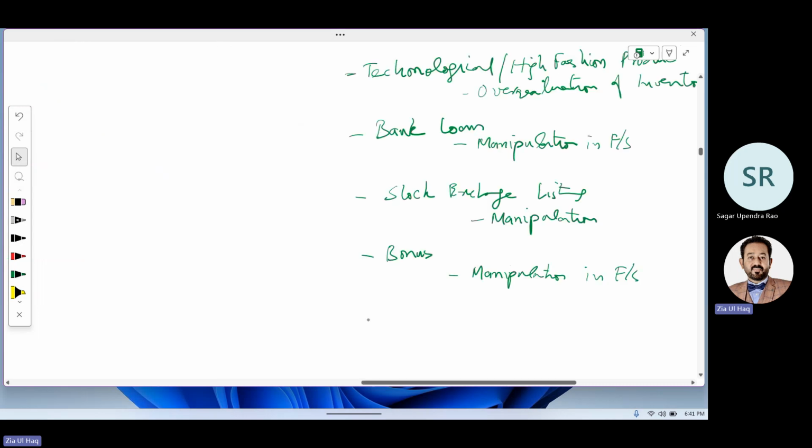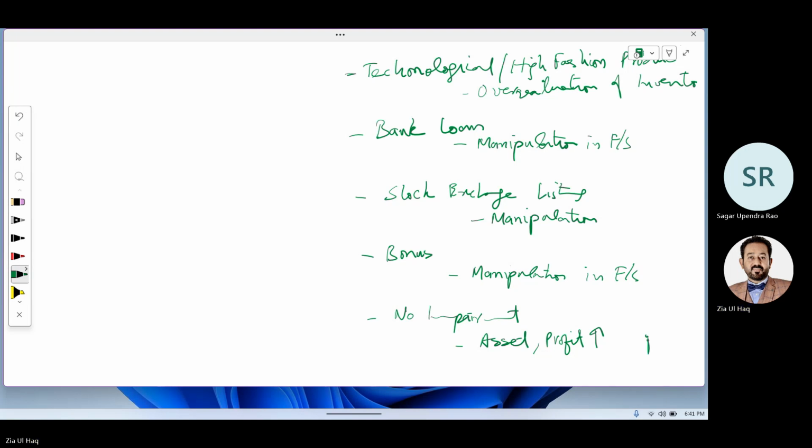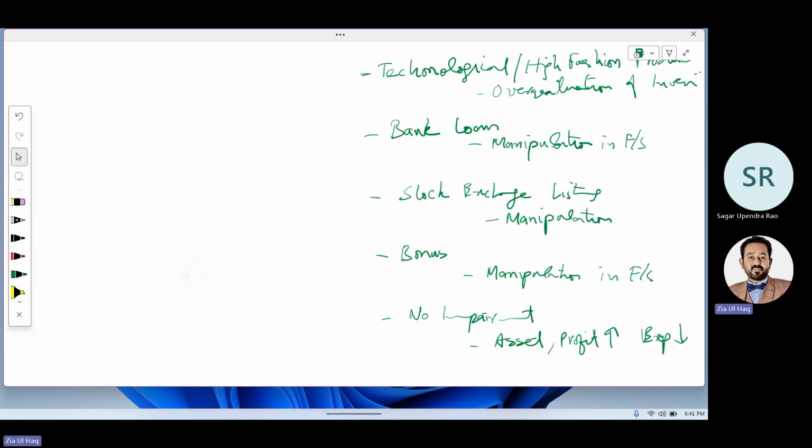If there is no impairment, asset and profit could be overstated while expenses understated. This will be called inherent risk. Meanwhile, while taking knowledge of the company, if we are aware there is any chance of misstatement, we will call it inherent risk. What else?